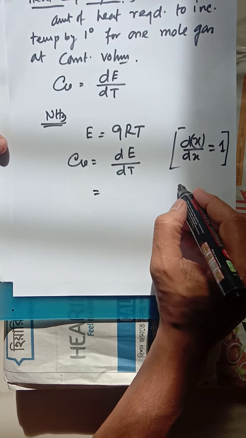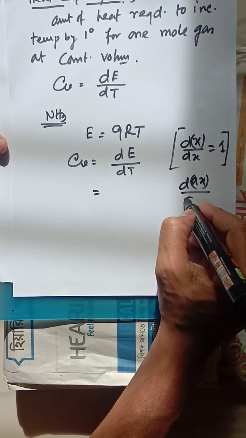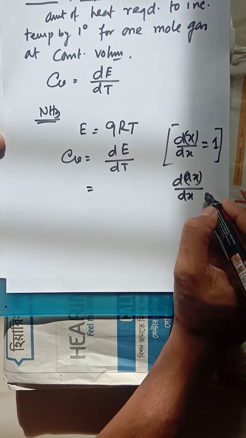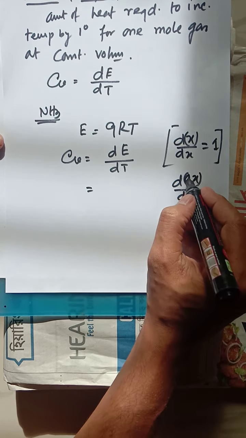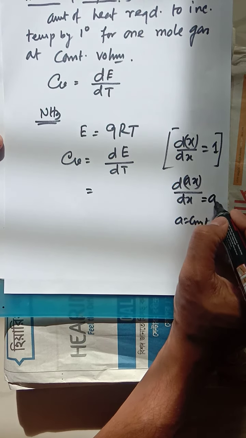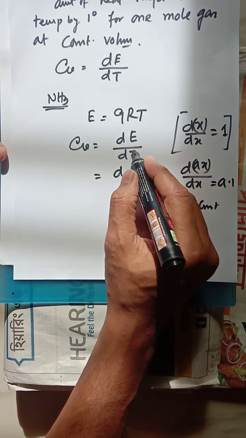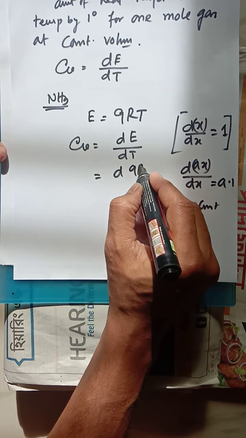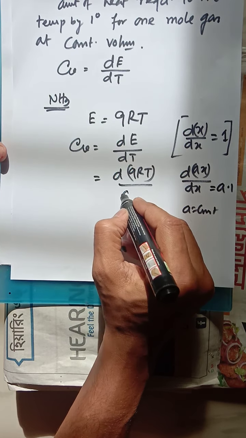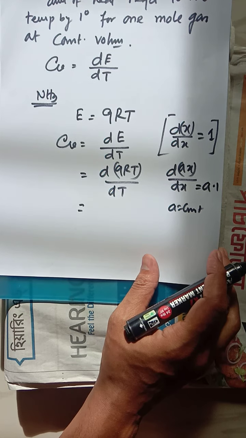If any constant is there, say A is a constant, then it will be A into 1. So now here, in place of E, I have written d(9RT) by dT. I think it's very easy to understand.